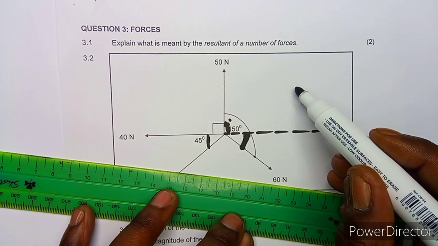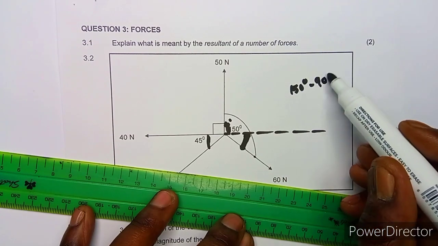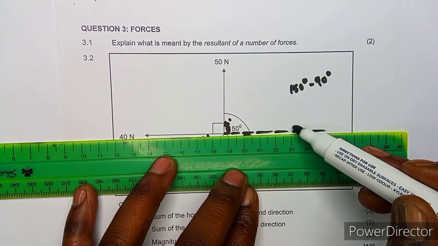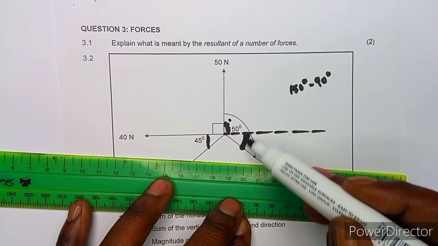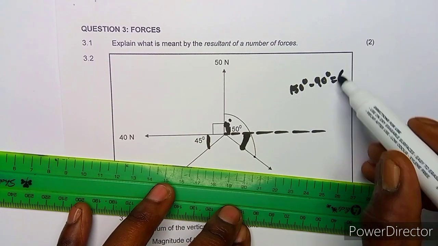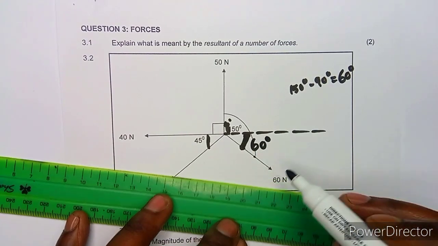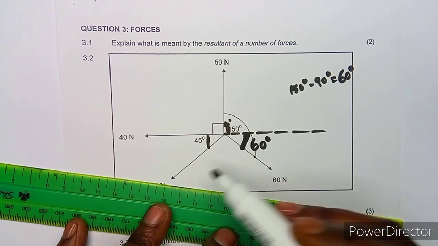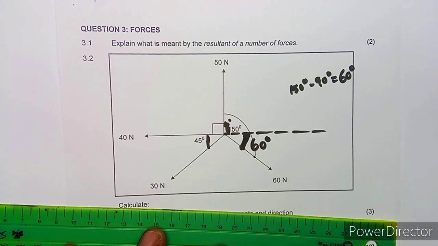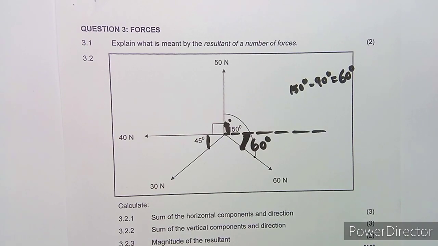So that one is going to be 150 degrees minus 90, because we have removed this piece here. As you can see, we have removed 90 degrees. So what are we going to be left with? That is going to be 60 degrees. All right, so this angle here is 60 degrees between the force and the horizontal line, just like this one. That is how your angles are supposed to be. So that was the only adjustment that you just needed to do.